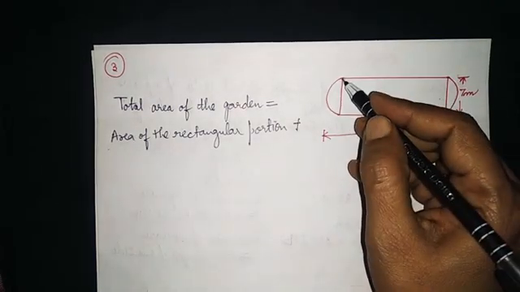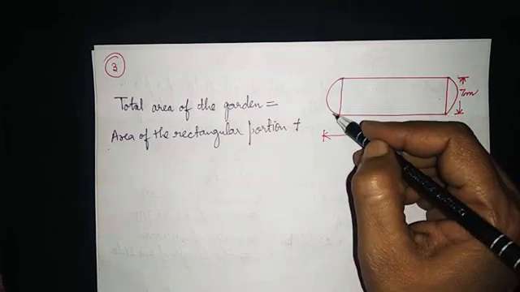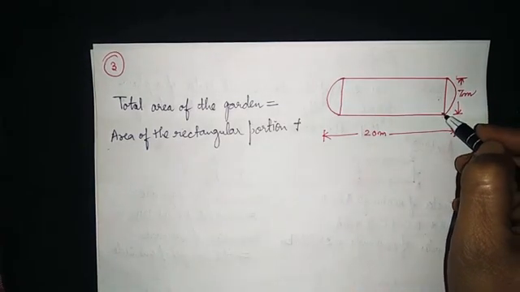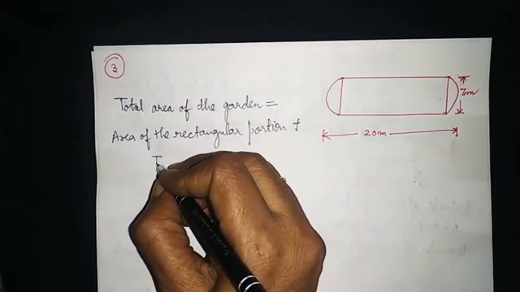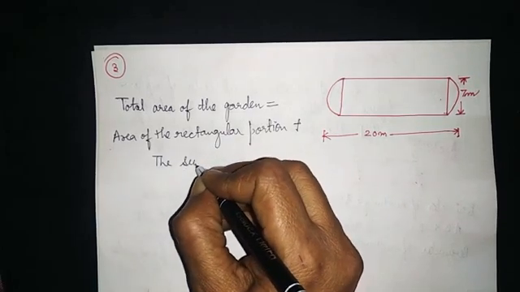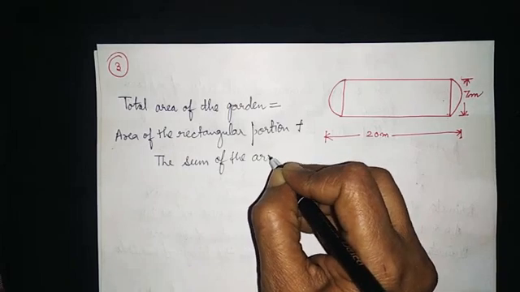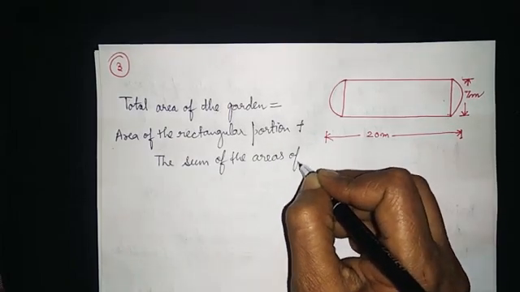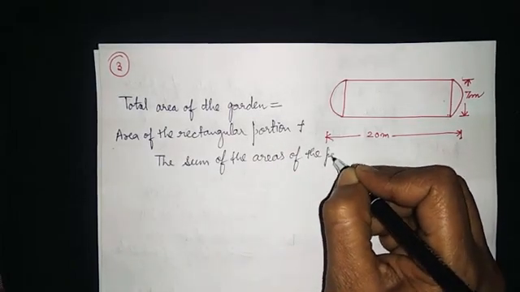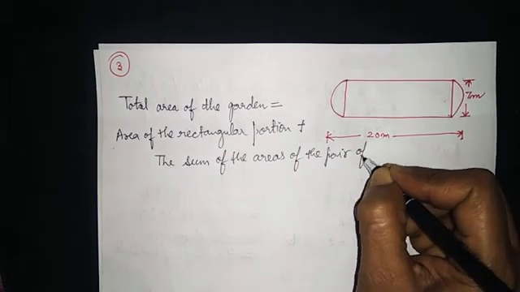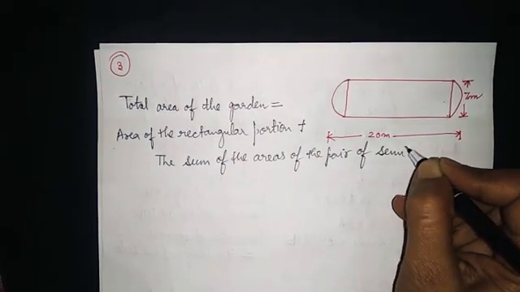Here you can see two semicircles, this and this.